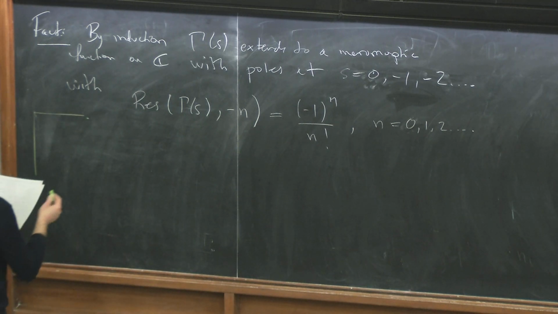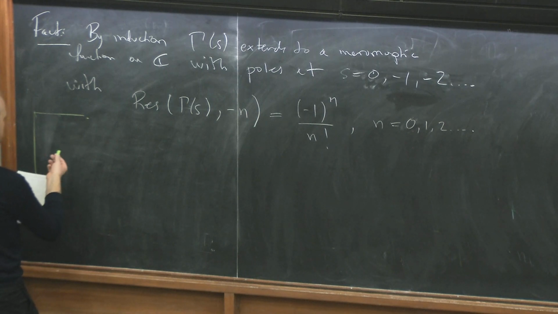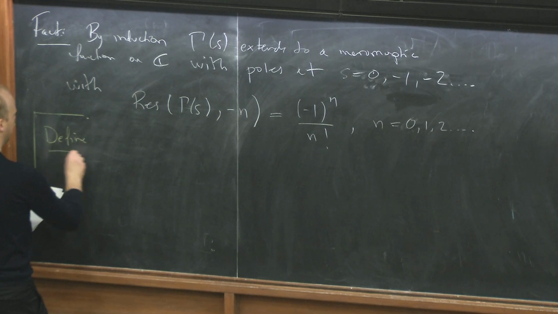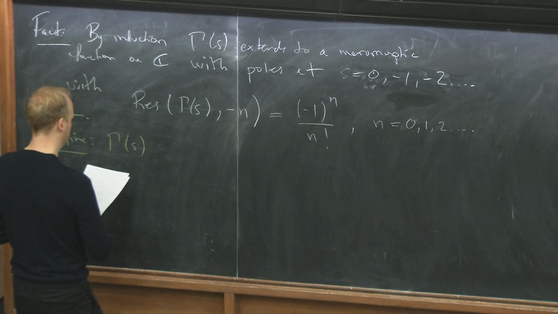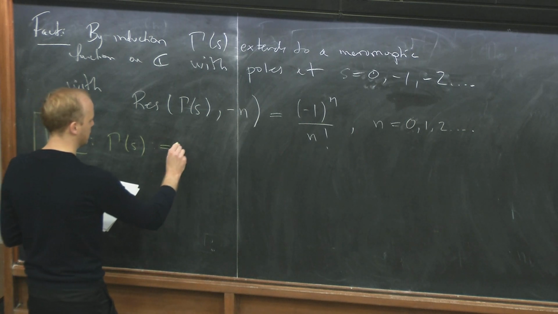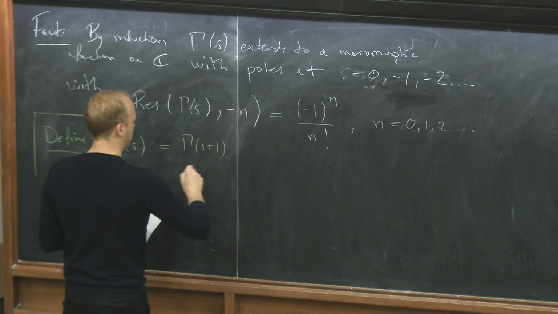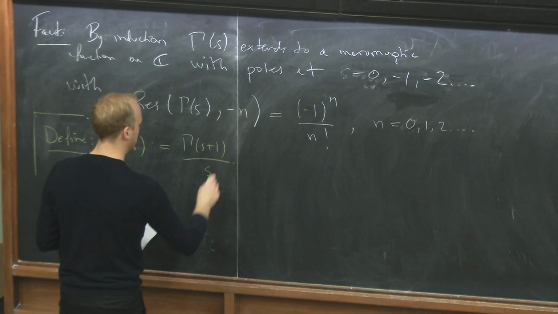It's because from this relation, gamma of s plus 1 is equal to s times gamma of s, we can define gamma of s. So what should it be? Well, it should be gamma of s plus 1 divided by s.